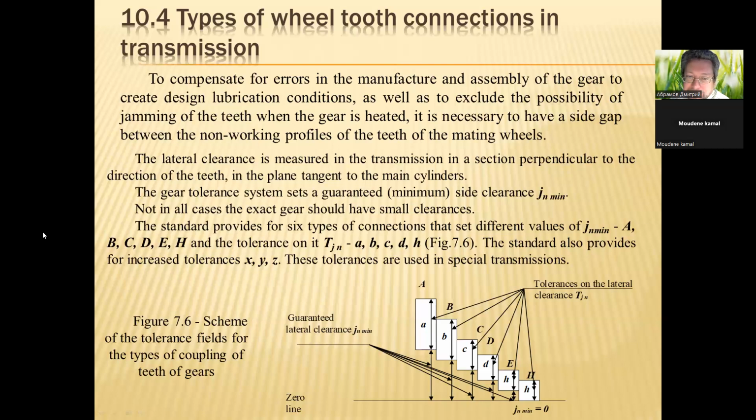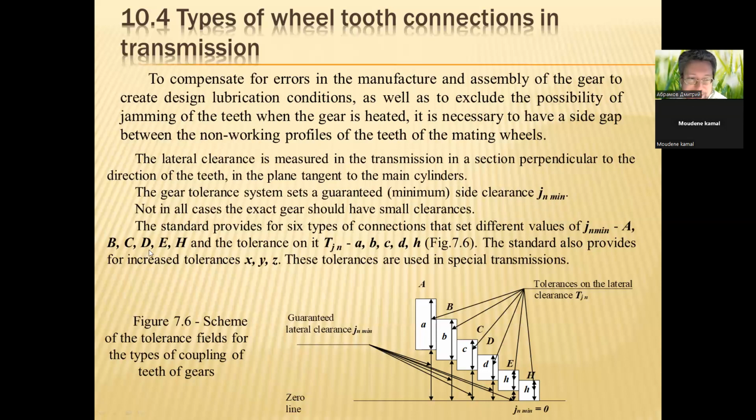The gear tolerance system sets a guaranteed or minimum side clearance, j_n min. Not in all cases should an exact gear have small clearances. The standard provides for 6 types of connections that set different values of j_n min.